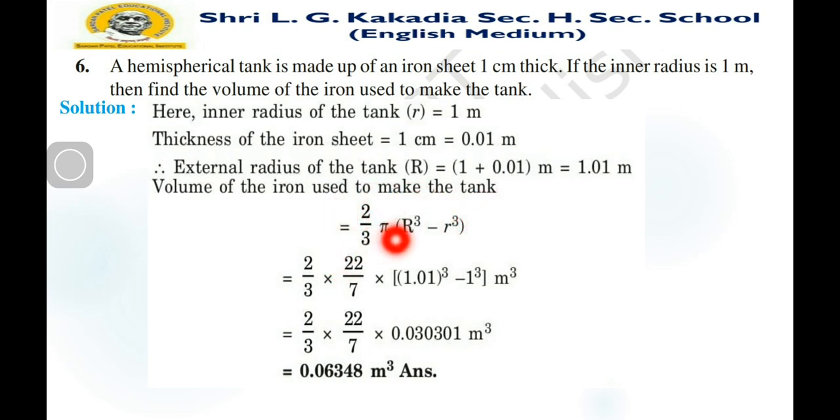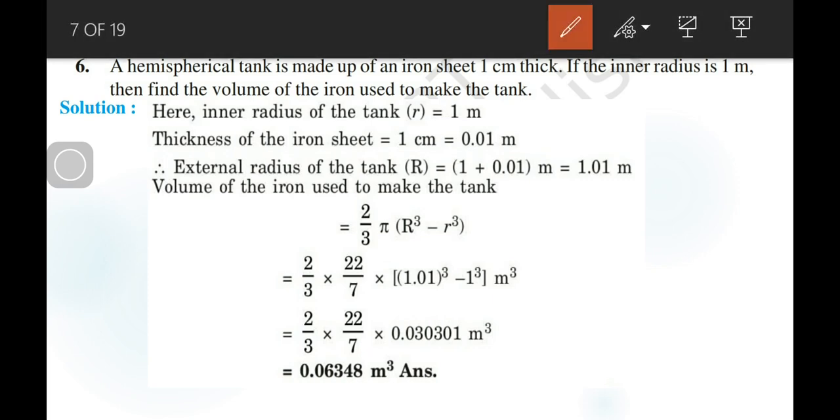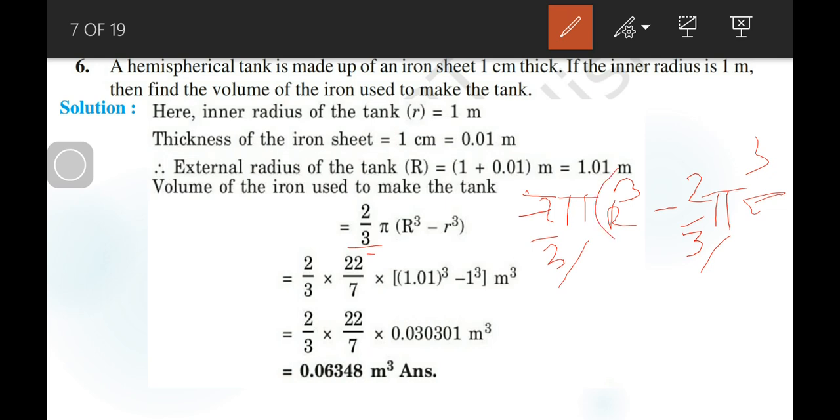So the volume of iron sheet used to make the tank is equal to 2 by 3 pi capital R cube minus 2 by 3 pi small r cube. So after taking 2 by 3 pi common, we get 2 by 3 pi into, in bracket, what remains, R cube minus small r cube.